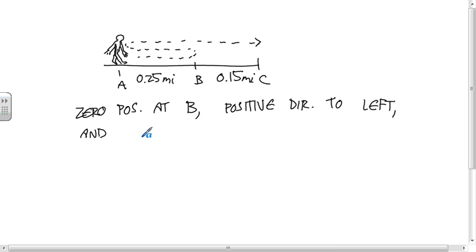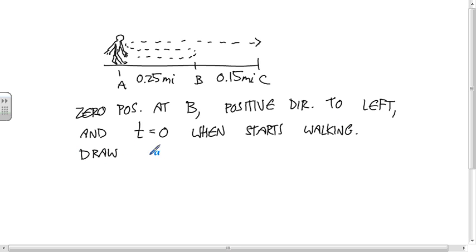And we'll choose the time equals 0 instant to be when he starts walking. And what I want to do is draw a position versus time graph.